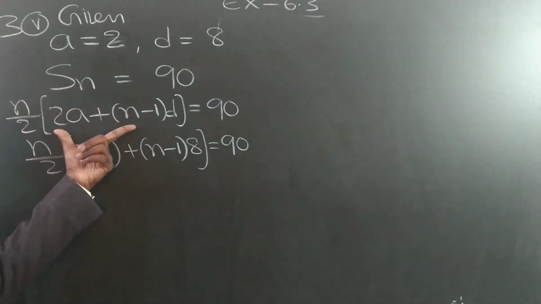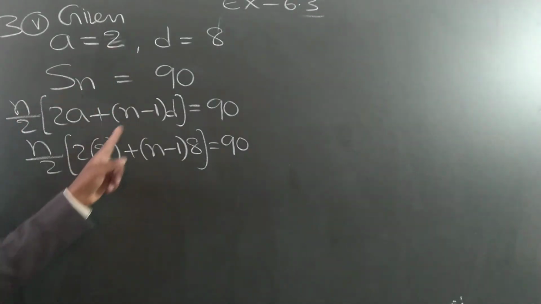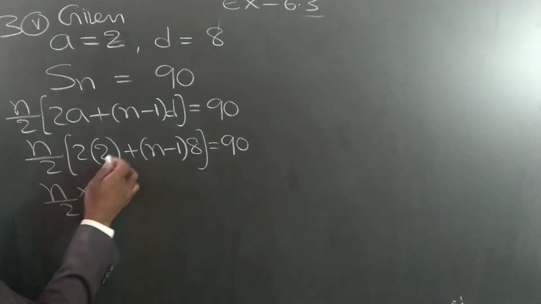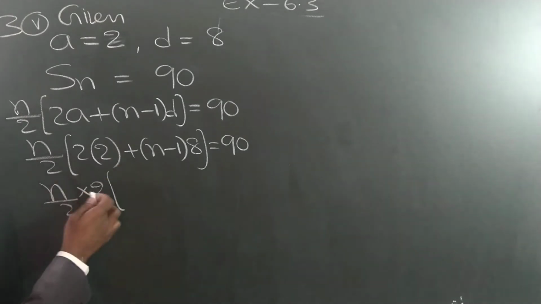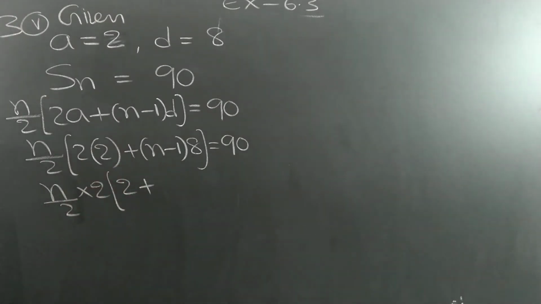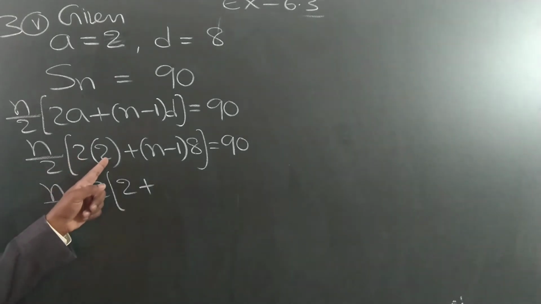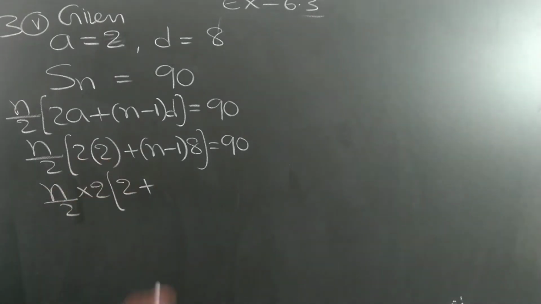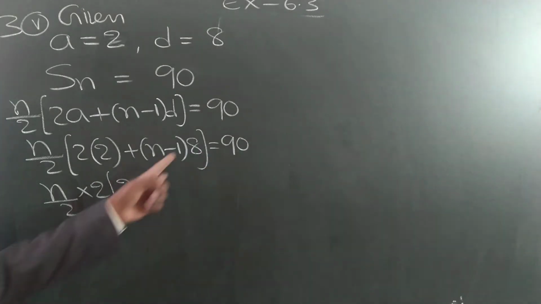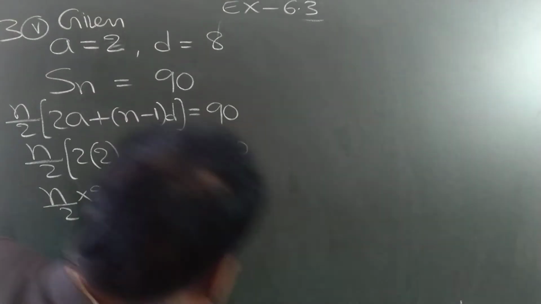Sn formula is this. A is 2, d is 8. Let us take 2 common, so 2 outside cancels this 2 and only 2 remains. Another 2 remains, and this 2 common means 4. 8 is 4 into 2.